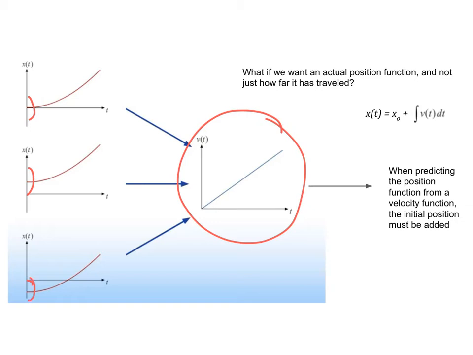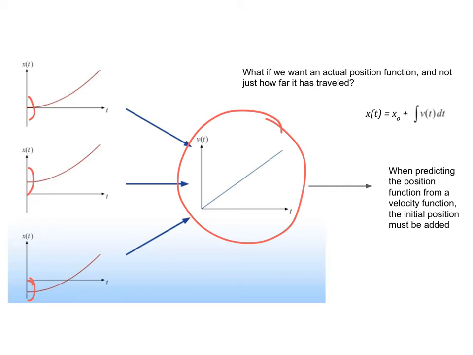That information is not contained in a velocity graph. So there's always sort of this unknown value. It's a constant number for a certain problem, but this unknown initial position has to be defined elsewhere. You have to be told what that is somewhere else.